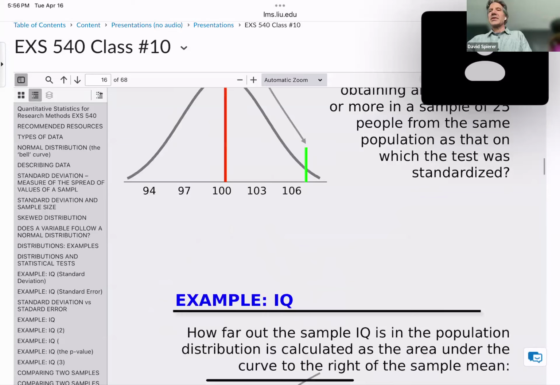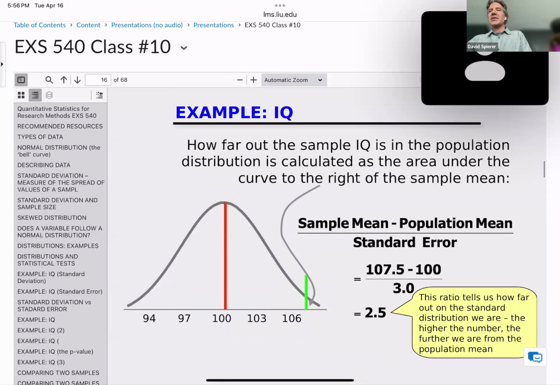This number can be really high, which indicates there's a huge variation, or it could be really low. But this tells us how far away we are from the population mean. It tells us either we're close to the average and then our data set is tight, or we're really far away. So the 25 people who scored a 107.5 are pretty far from the mean. Means they're smart, right? They're smarter than the average person who took this IQ test.